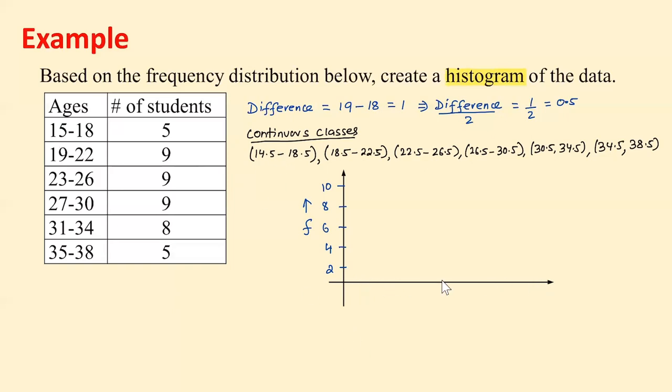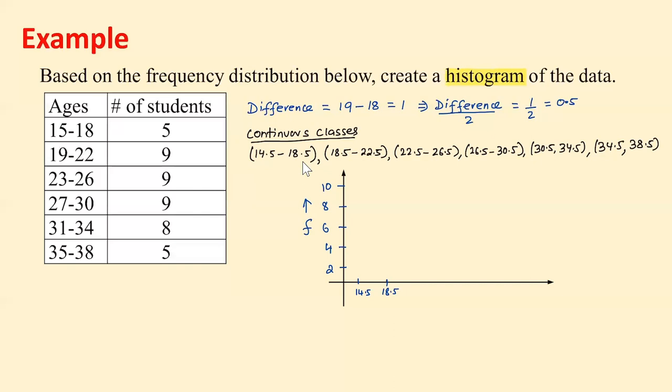And here on this side, we need the class boundary. So you can start with 14.5. You can even start at origin, it doesn't matter. 14.5, then we go to 18.5.